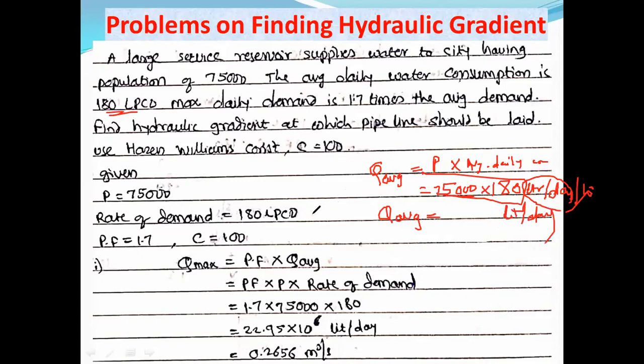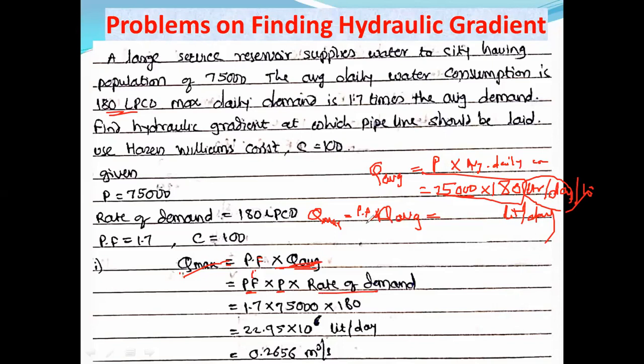Now we are interested in the maximum discharge. So Q max is equal to peak factor multiplied by the average discharge. The same thing has been done here. Q max is equal to PF, the peak factor, into Q average, which is the population multiplied by rate of demand.